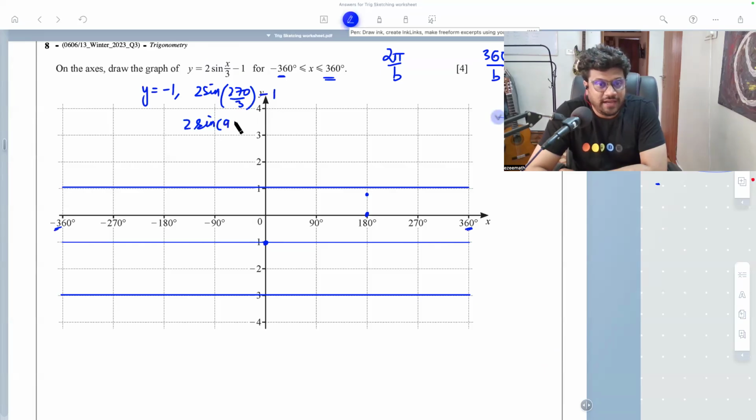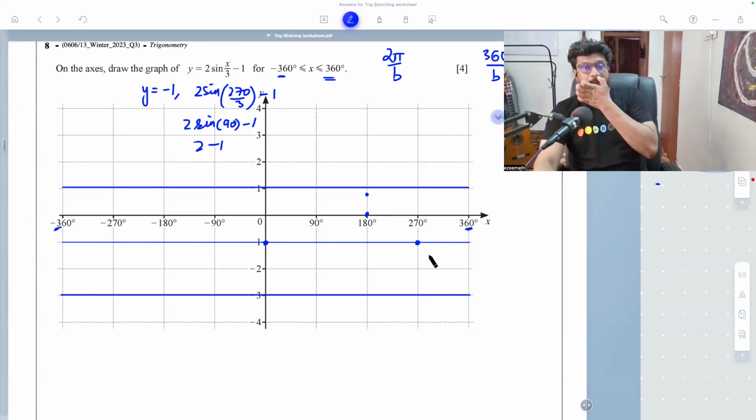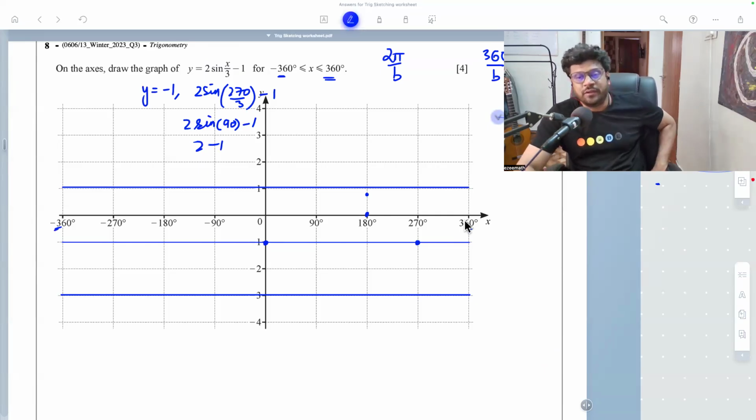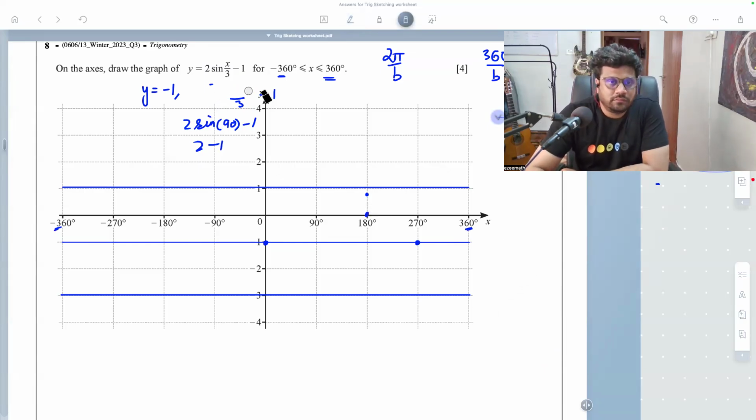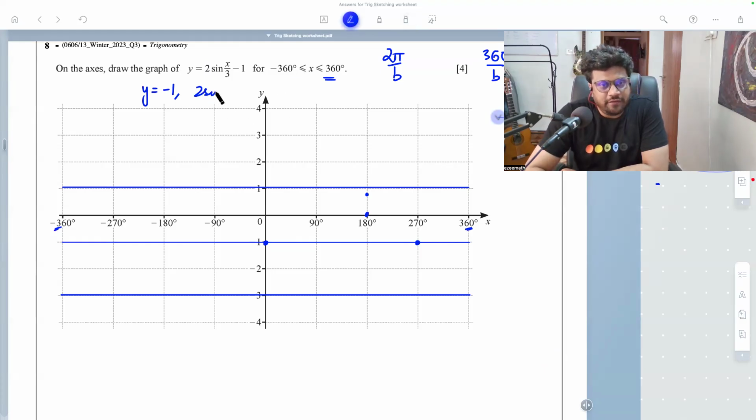2 sine of 90 minus 1. Sine of 90 is 1. 2 minus 1. There it is. Somewhere there at 270. I'll also find it at 360. Let's see. 2 sine of 120 minus 1. X equal to 360 means x by 3 is 120. 2 sine of 120.